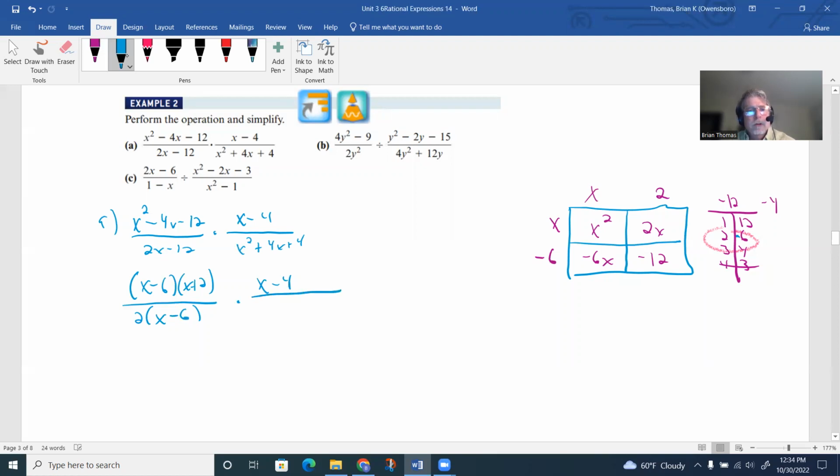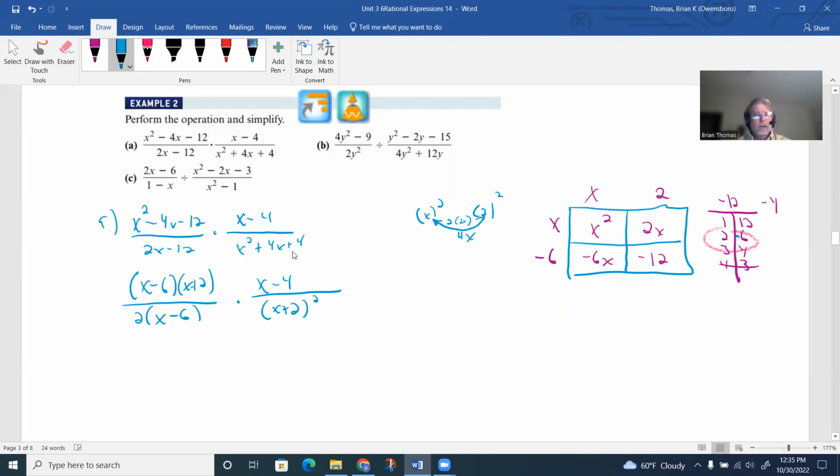On the bottom, x squared plus 4x plus 4 looks like a perfect square trinomial because x squared is a perfect square, 4 is a perfect square because 2 squared is 4, and if you multiply 2 times 2x and double that, it does give you 4x, the middle term. So that is a perfect square and factors into x plus 2 squared.